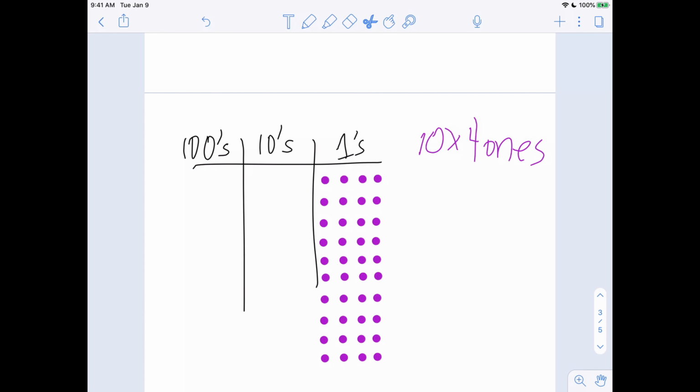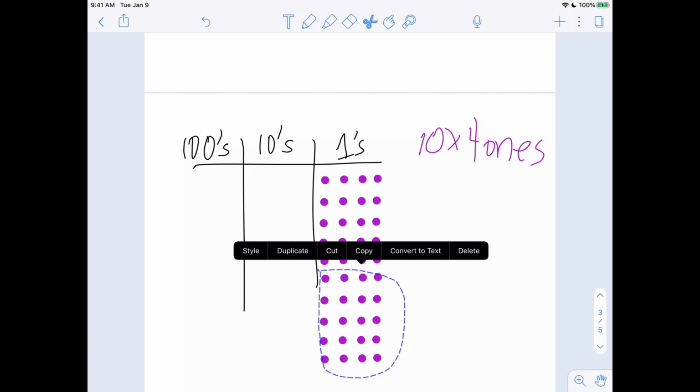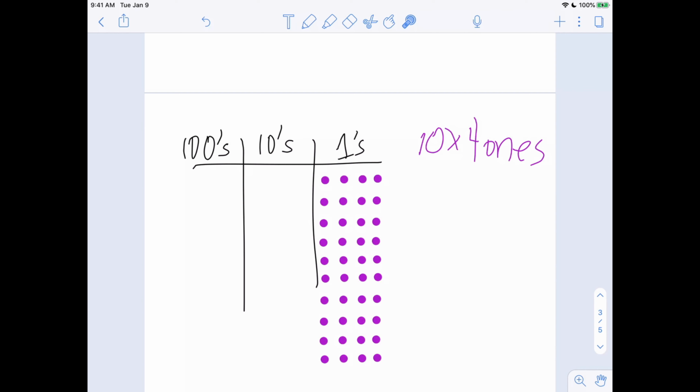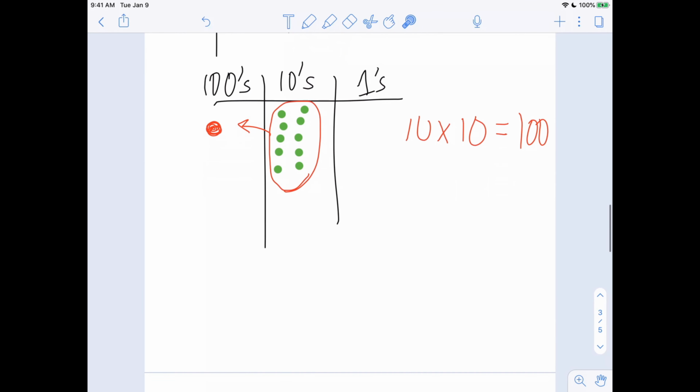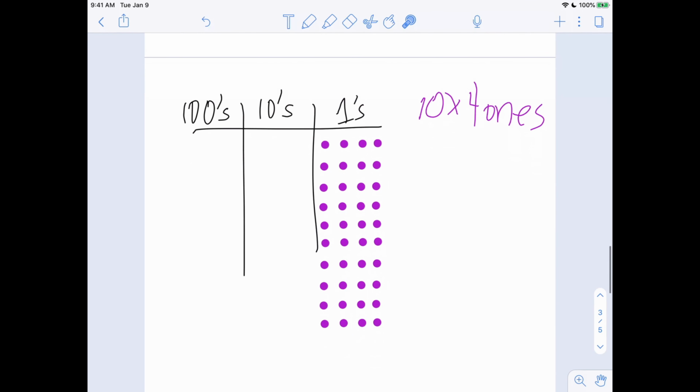And now we have 10 copies of 4 ones. Here's our 4 ones, and we have 1, 2, 3, 4, 5, 6, 7, 8, 9, 10 copies of those 4 ones. Now, we learned earlier that anytime you have 10, you can always exchange it in.